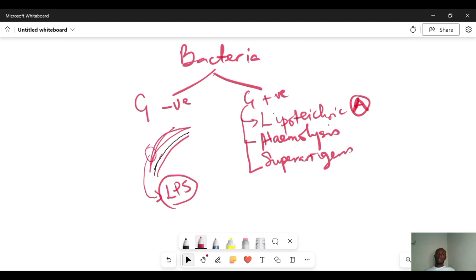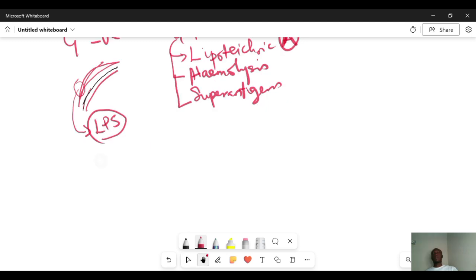These are immune triggers found in gram-positive organisms.